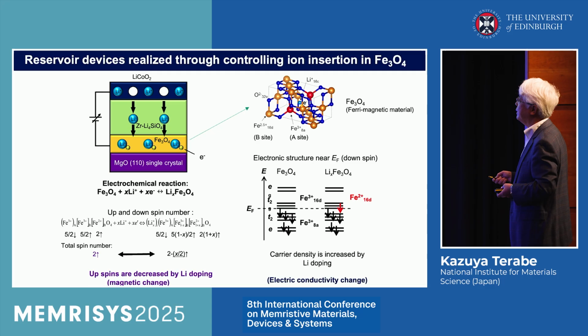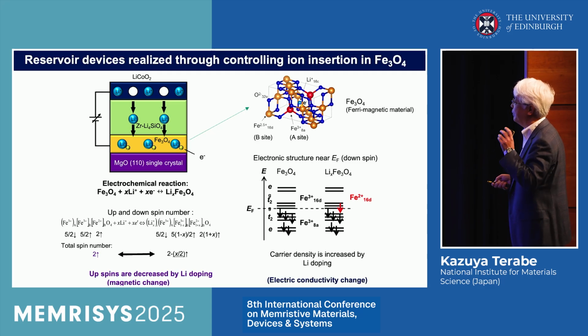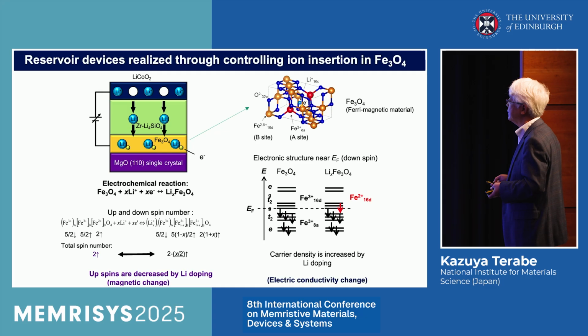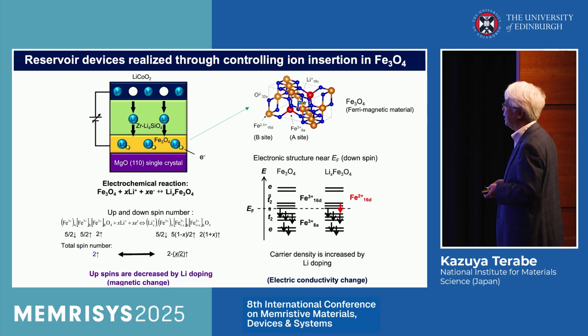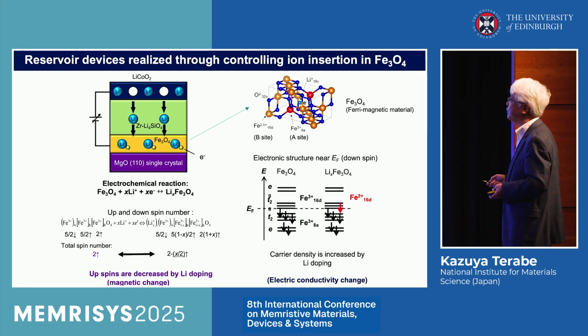Before the lithium insertion, the total spin number is 2 up. Then lithium is inserted, and according to the lithium insertion content, the up spin number changes like this. It means up spin is decreased by lithium doping, which means magnetism can be controlled by lithium doping.